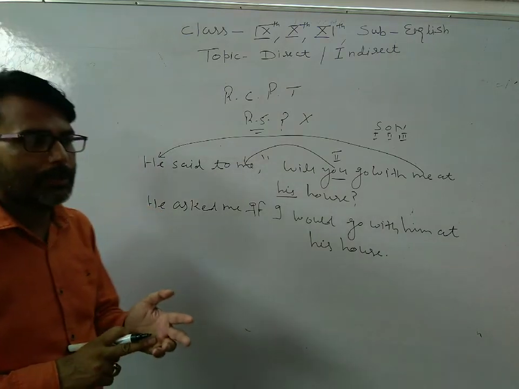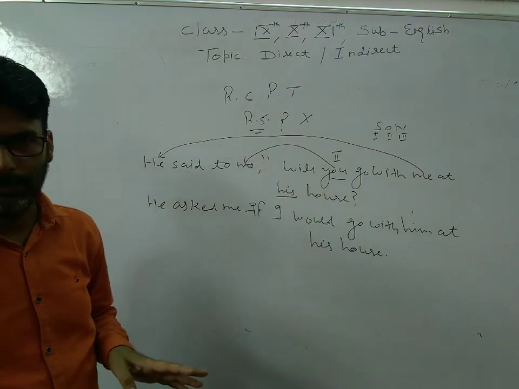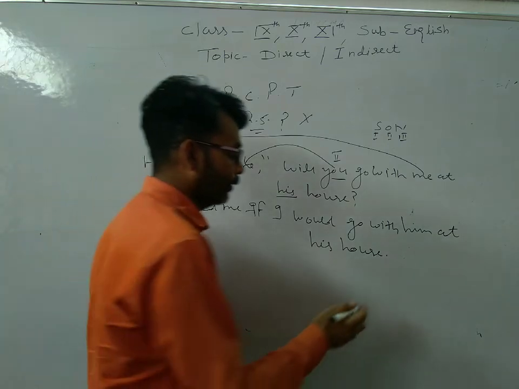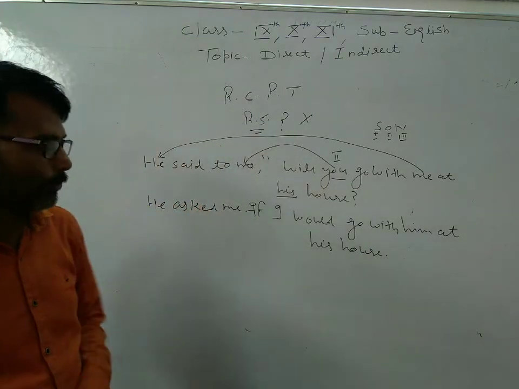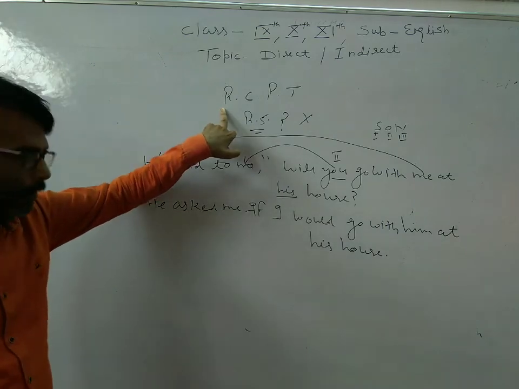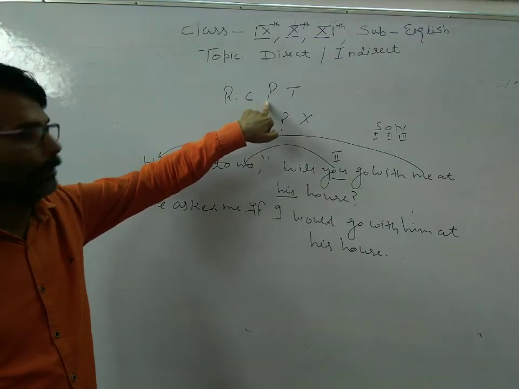Neither the sign of interrogation nor any other mark of punctuation. You just have to put the full stop when you change direct into indirect. So now we have discussed reporting verb, conjunctions, and how we have to change the person.